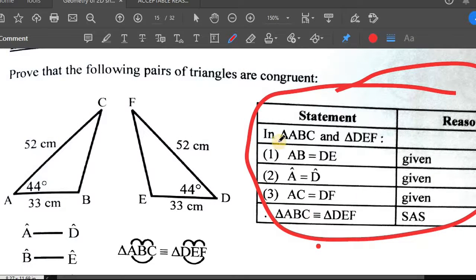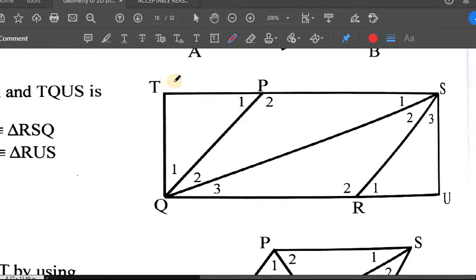In triangle ABC and DEF, so the teacher knows that you are talking about this triangle here and this triangle here. I know at this stage it looks very simple. In fact, let me go to something that looks a bit complex. In this case, I don't know which triangle you are looking at.